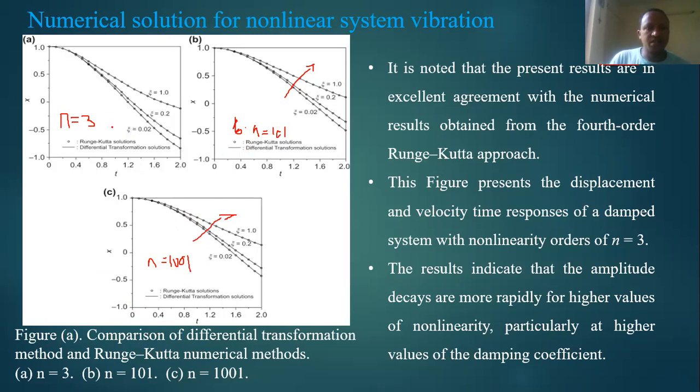Okay. As n is very small, these things we can easily identify, they are scattered. But in the case of n being a very high number, we can observe them merging together. So it is noted that the present results are in excellent agreement with the numerical results obtained from the fourth order Runge-Kutta approach.